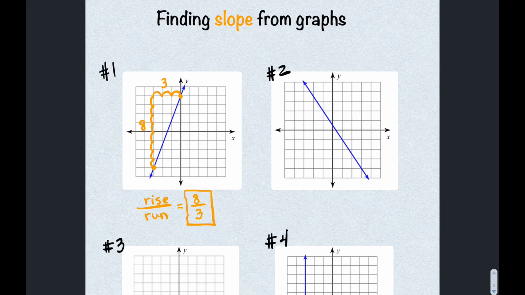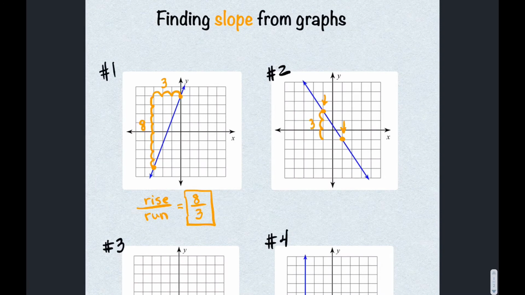Over here on problem number 2, again, we're going to start by selecting 2 points that we know the line passes through. It looks like the point (-1, 2) is a good choice, and this one right here might be a good choice as well. So again, I'm going to go from left to right. From this point right here down to this one, I have to go 1, 2, 3.